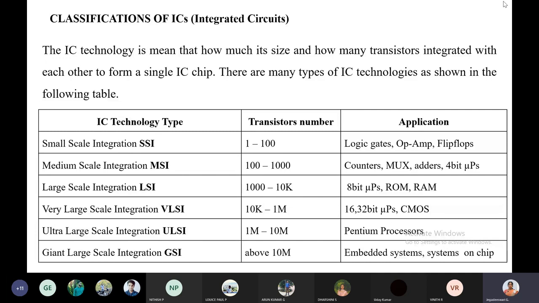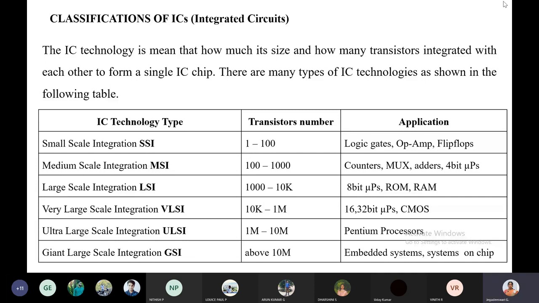The meaning of this is they were able to fabricate 1 to 100 transistors or electronics components in a single chip. Did you understand what I said? 1 to 100 components were fabricated in one chip.